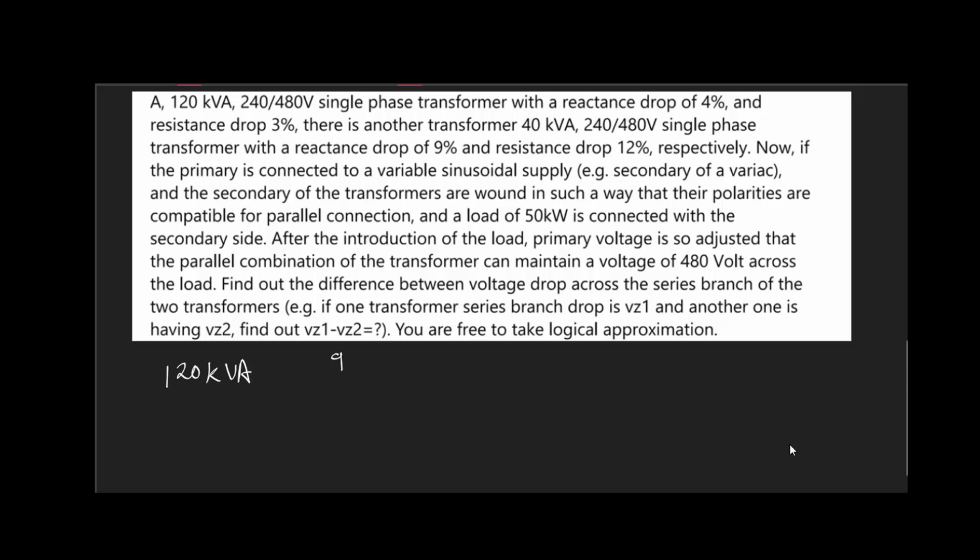This one, how much will it give us? It is 36.86.